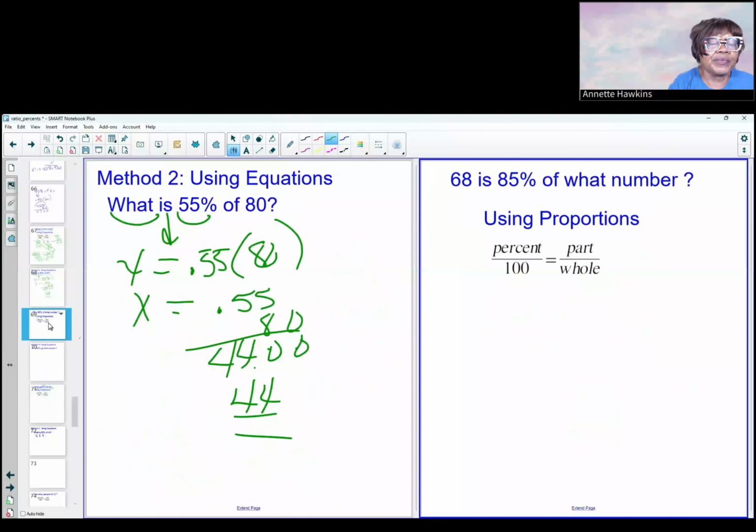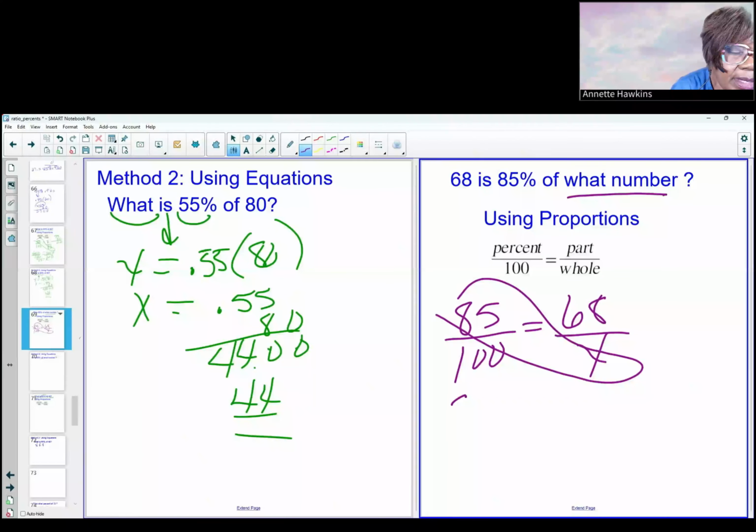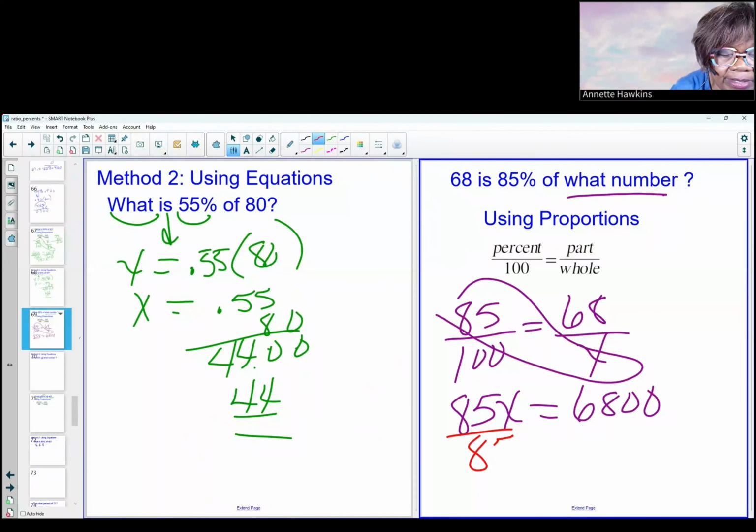Okay, let's continue. 68 is 85% of what number? All right, the percent is 85. The part is 68, and the whole, I don't know. So I come along here. 85x equals 6,800. Let's divide by 85.